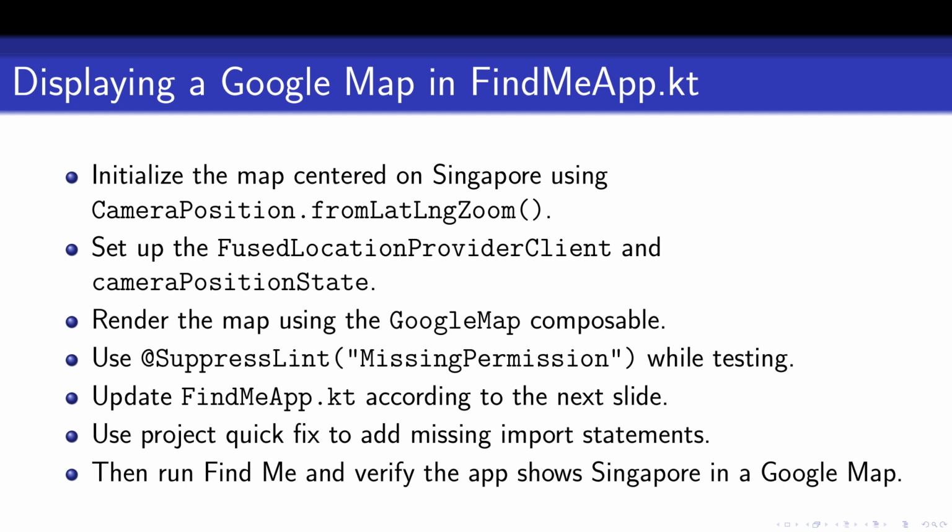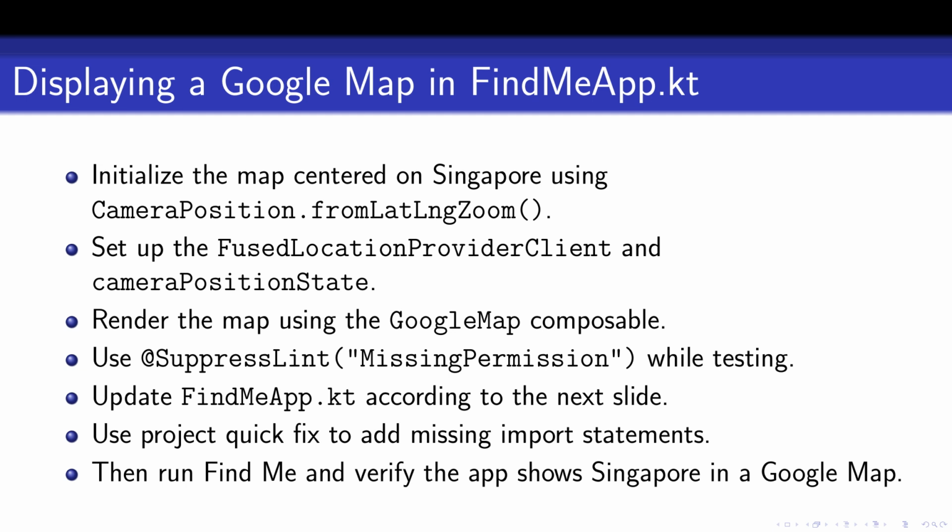This client will later allow you to fetch the device's actual location. The camera position is stored using rememberCameraPositionState, which helps preserve map state across recompositions. Finally, you render the map using GoogleMap and supply the camera state to center it appropriately.